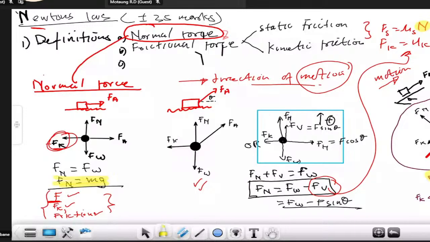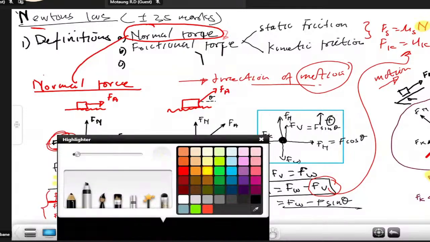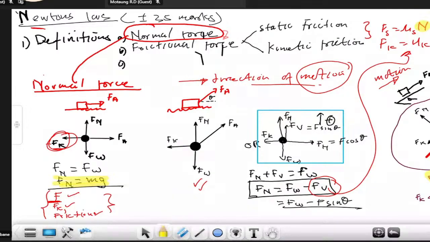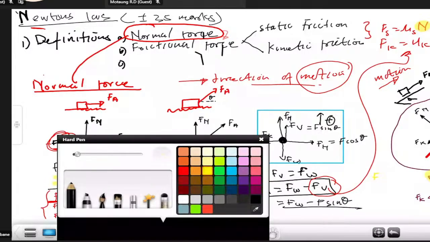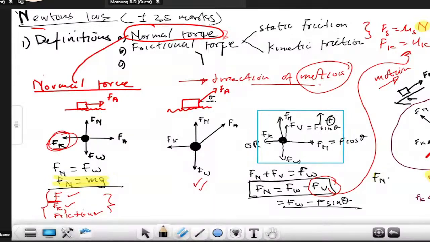From the free body diagram, one can easily say Fn is equal to Fg perpendicular. And it means Fn, ladies and gentlemen, will be just mg cos of theta.